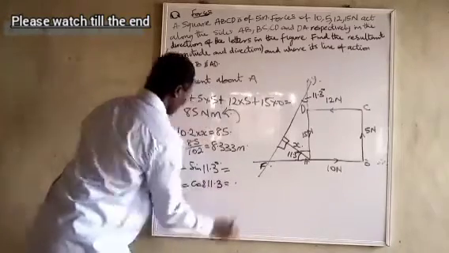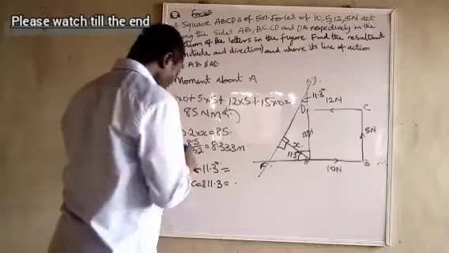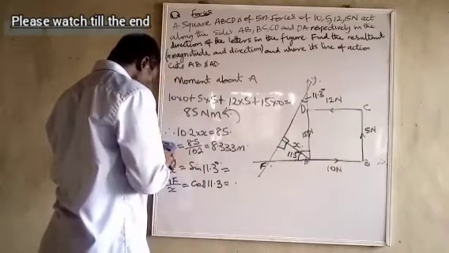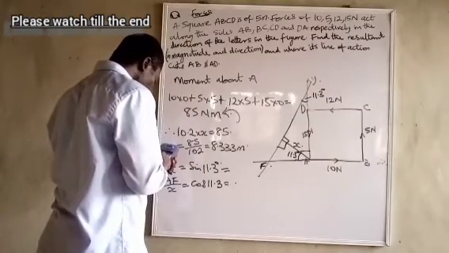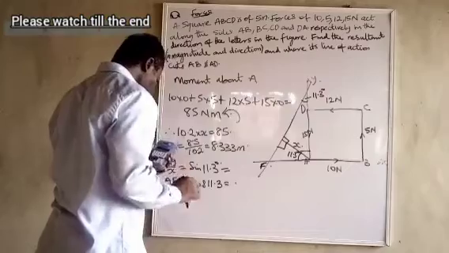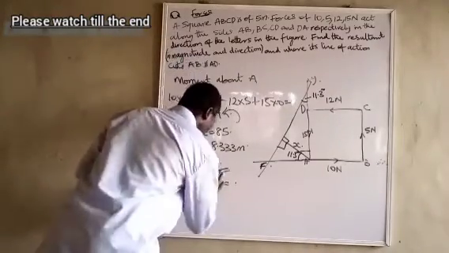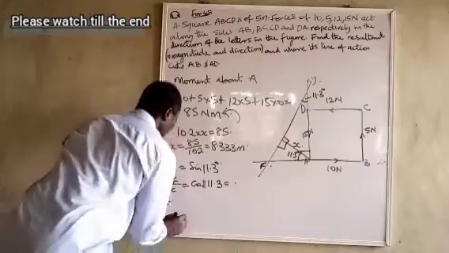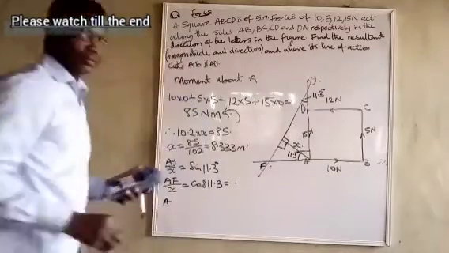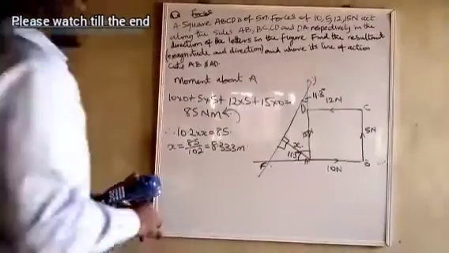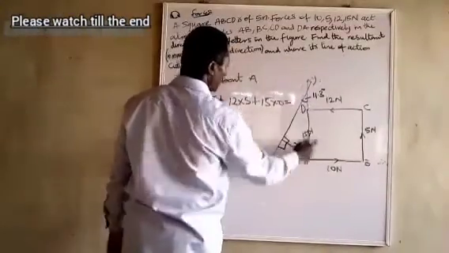Let me now work it out. For AY, this one is opposite and this one is hypotenuse.